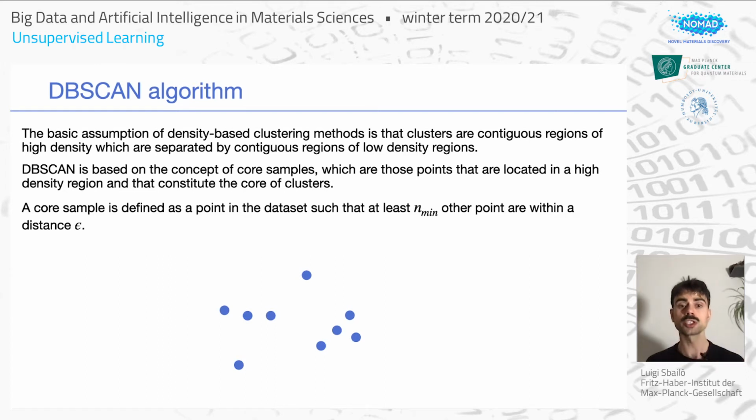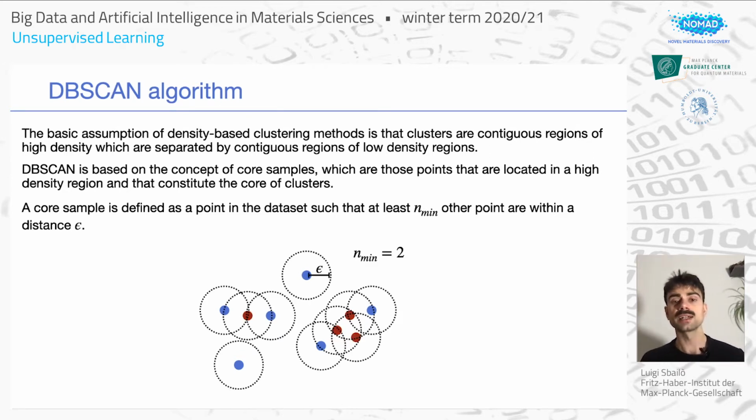It is not possible to define a cluster if there are not any core points inside the cluster. So let's see how we can define these core points. We use two different parameters. One is a distance, epsilon, and the other is a minimum number of points. In this example, we set it equal to 2.